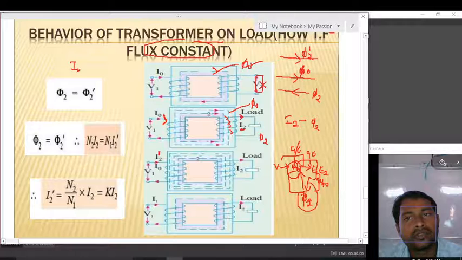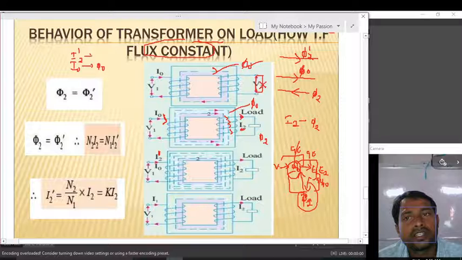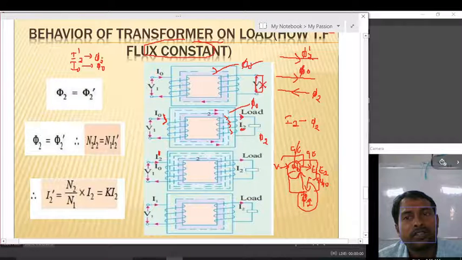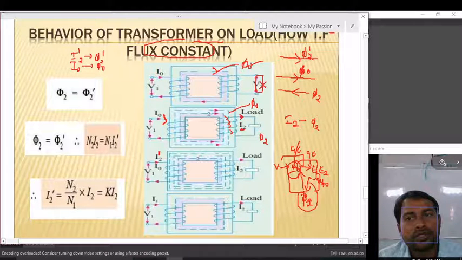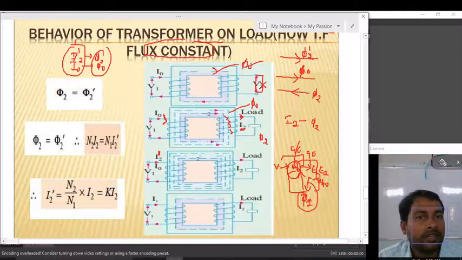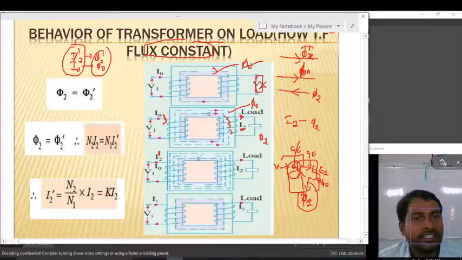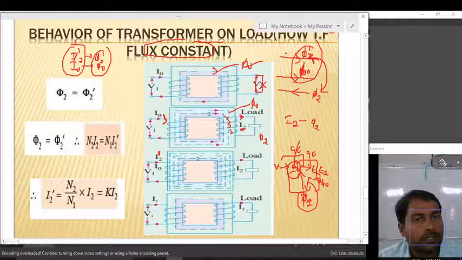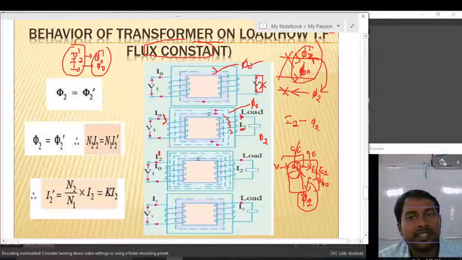Due to I naught, phi naught is produced, and due to I2 dash, phi 2 dash is produced. These two are additive in nature, that's why phi 2 dash and phi naught are in phase, and phi 2 dash is equal to phi 2. Both are equal and opposite, so phi 2 dash and phi naught will be cancelled in the transformer core.